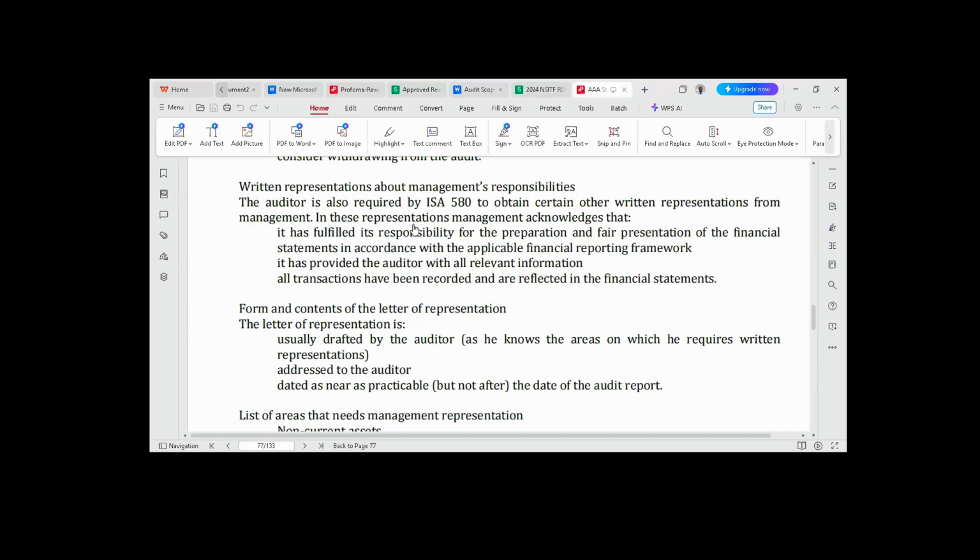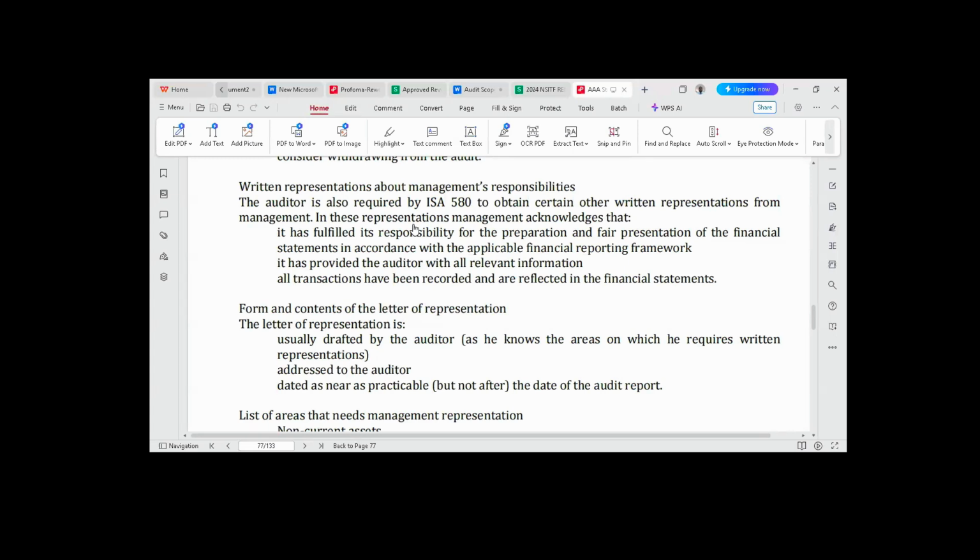So to protect himself and ensure that he has done the needful, you always request a reason from the management why they are not providing that document or those documents and the information. The reasons why this information or those documents were not provided are what is contained in the letter of representation.